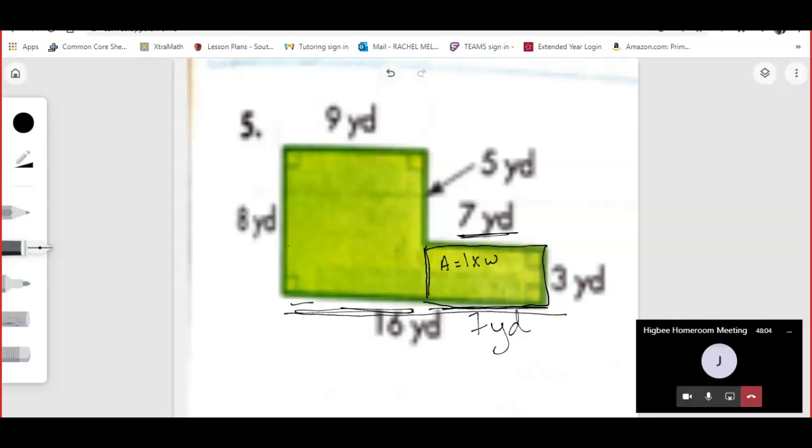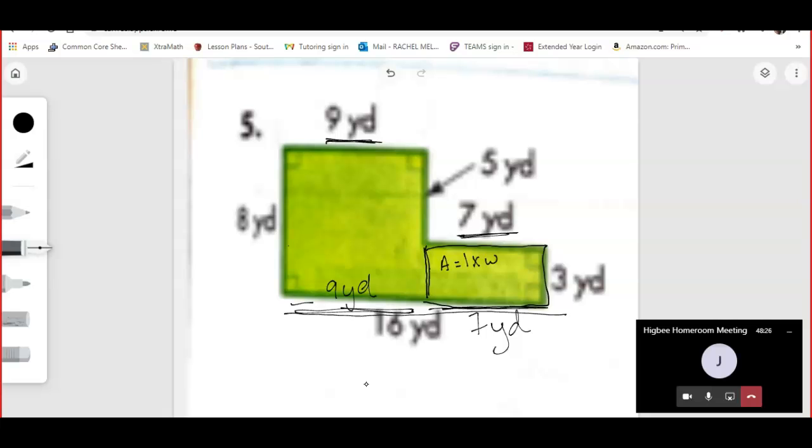Which means over here on this shape, when we get there, if this top says 9, this bottom has to also be 9. Okay, well, what's 9 plus 7, guys? 16, because 9 here, 7 here, gives us 16 total.